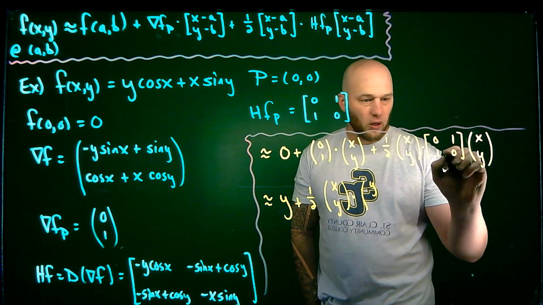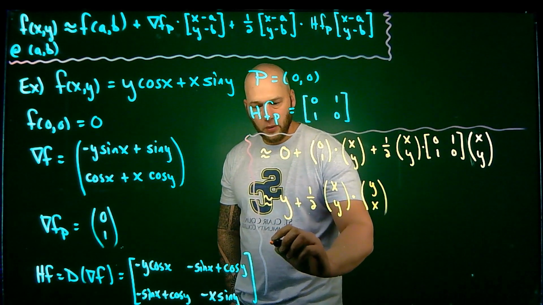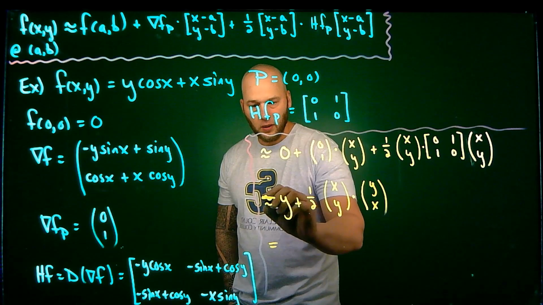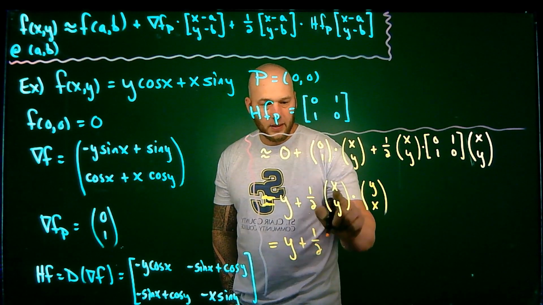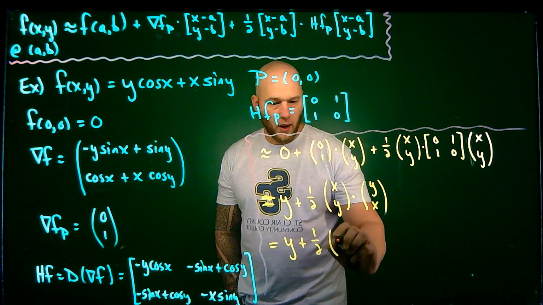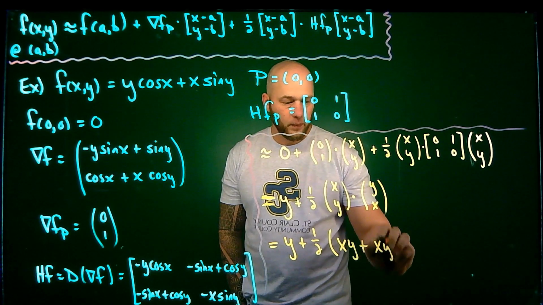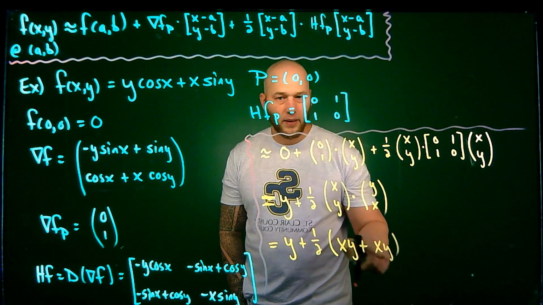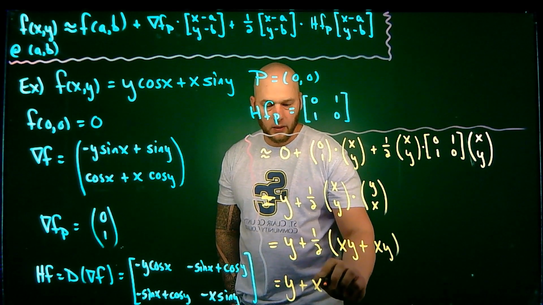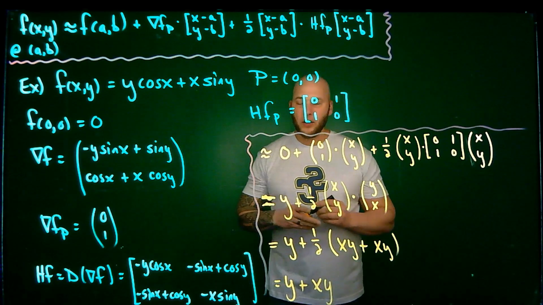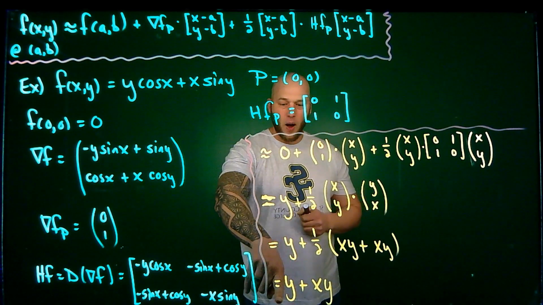And then 1, 0 times x, y would be x. Then this would be equal to y plus 1/2 times the dot product here, which would be xy plus yx, which is another xy. So that's 2xy times 1/2, which would be xy. So I get y plus xy. So the local quadratic approximation to this function at the origin is y plus xy.